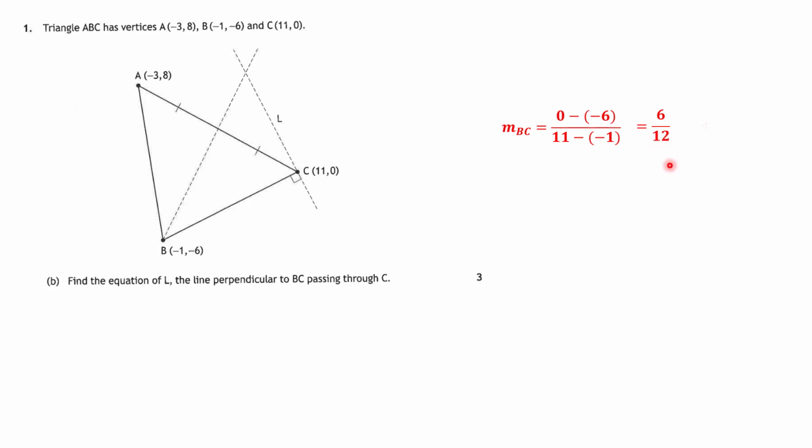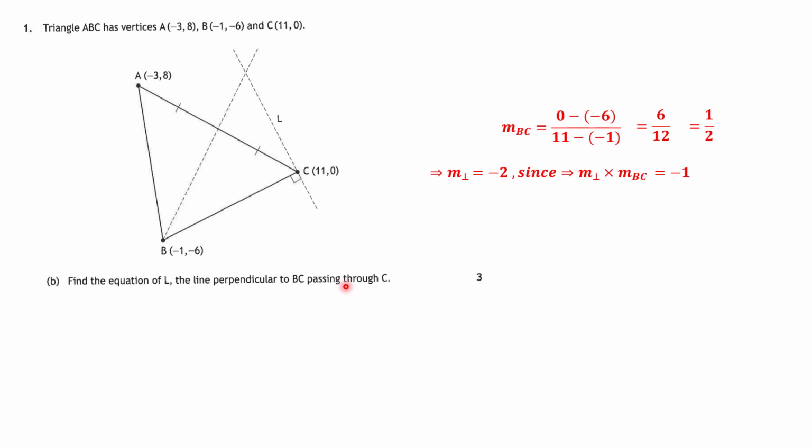You cancel that down, you're going to get gradient equals 1/2. We want the perpendicular line L, so we can say the gradient of the perpendicular is -2. Why is that? Well, m perpendicular times the gradient of BC must equal -1. So when you multiply 1/2 by -2 here, you get -1.